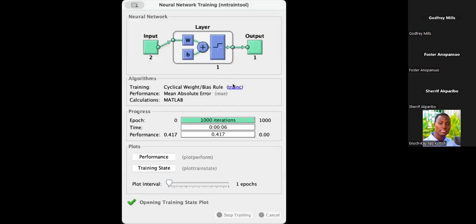If it has trained, it means it has learned the relationship between the input and output pair for all the data set that I gave to it. So I can now test it with an input data, and ask it to give me a response as to whether it is able to correctly classify the data that I provided. So this is what I'm going to do as the next step.